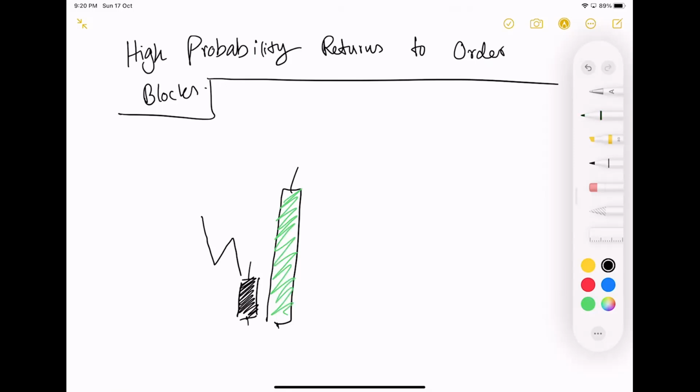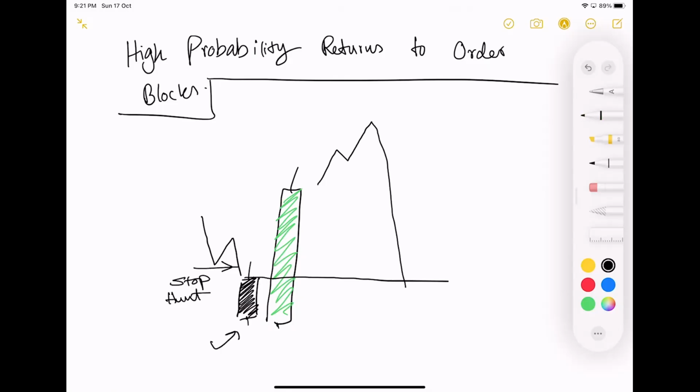Then of course they're going to go up a bit and drop back down into this. Here is your stop hunt. This is the order block, the down close candle that formed below the stop hunt. That is your bullish order block.